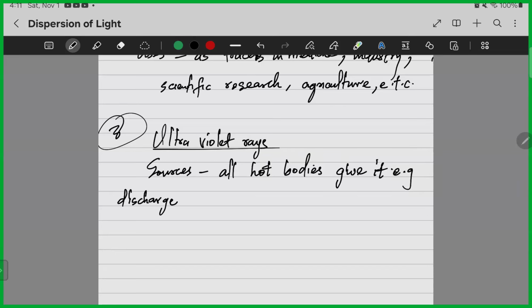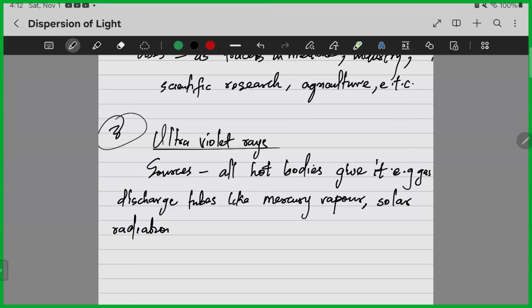That's the discharge tubes, like mercury vapor. Solar radiation. So the one from the sun is ultraviolet.